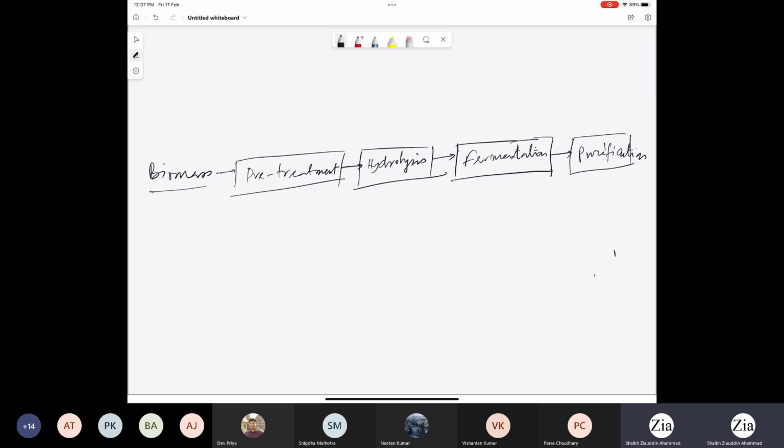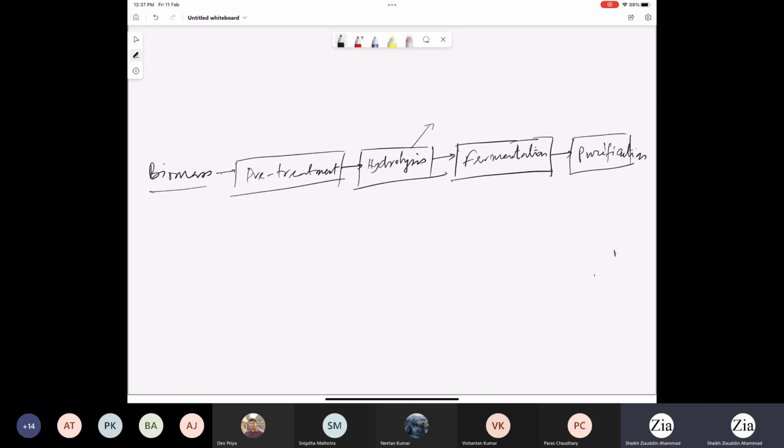So all this material has a significant amount of cellulosic substance. So our intention is to get the cellulose, because cellulose is a good carbon source. So get the cellulose from the biomass, and after getting the cellulose, we'll hydrolyze the cellulose to get the monomers like different sugars, mostly 6 carbon and 5 carbon sugars, pentose and hexose.